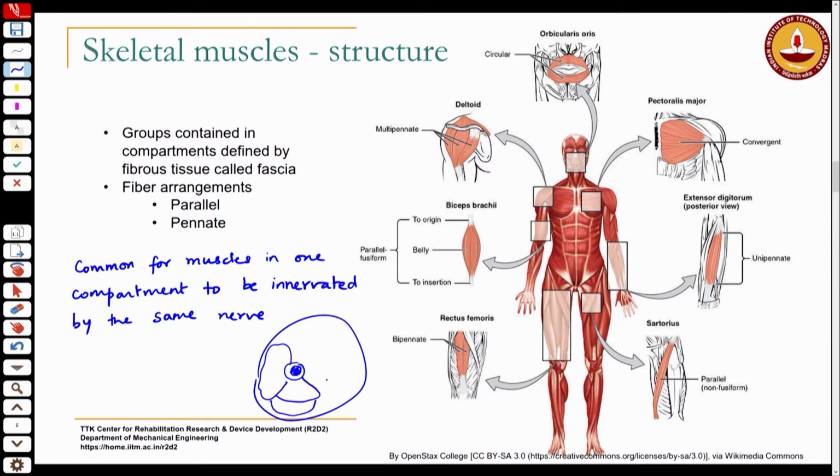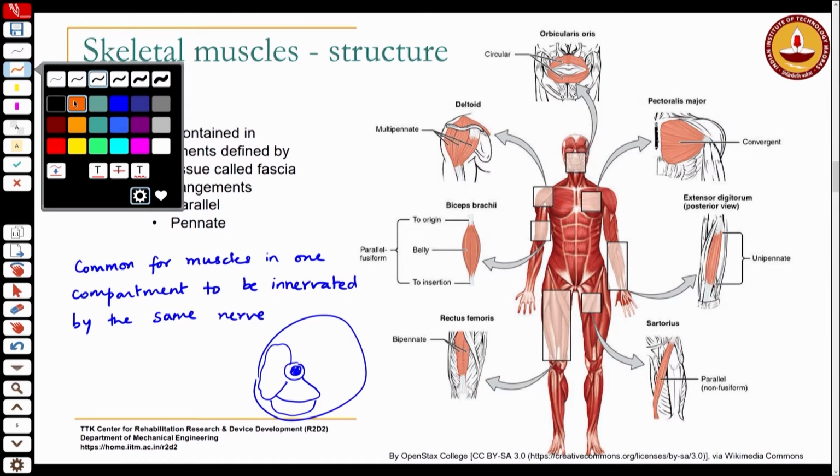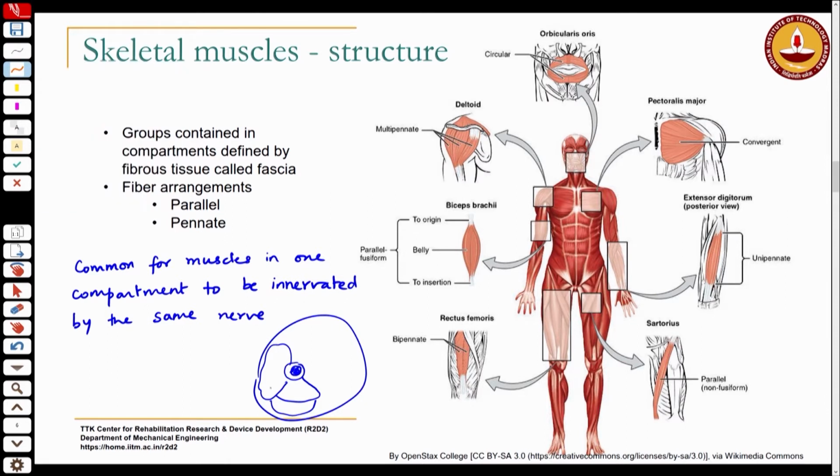So, these may be one set of muscles. If these are the anterior compartment, then these would be the quadriceps. So, you would have the vastus lateralis, the vastus medialis and the rectus femoris, and somewhere the intermedius also.